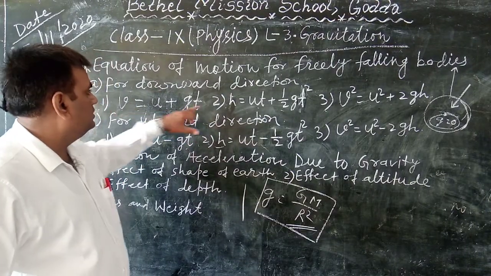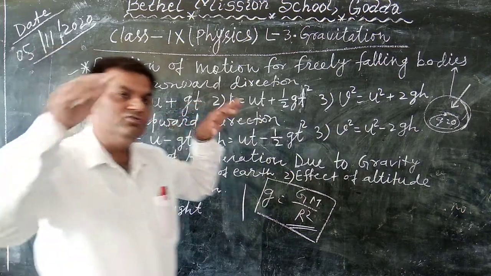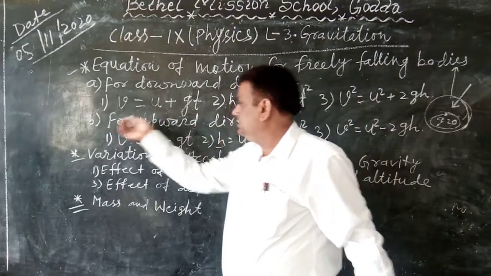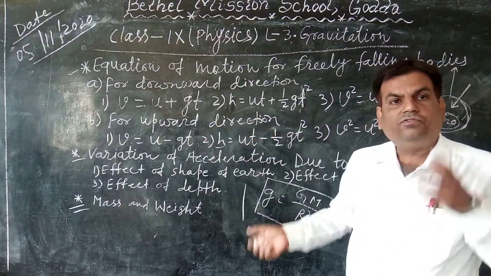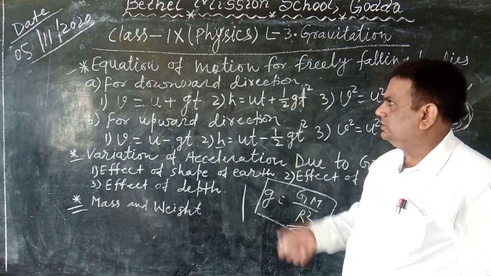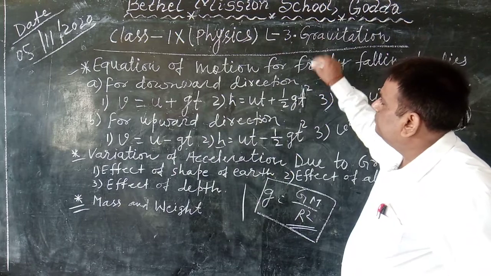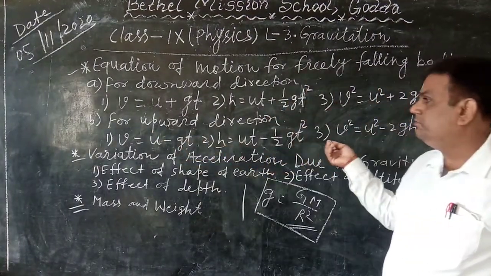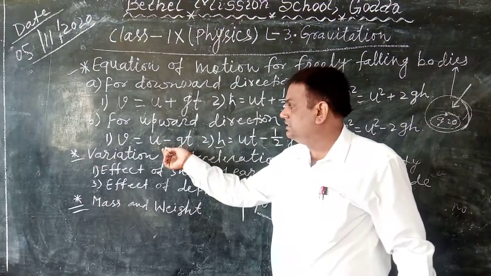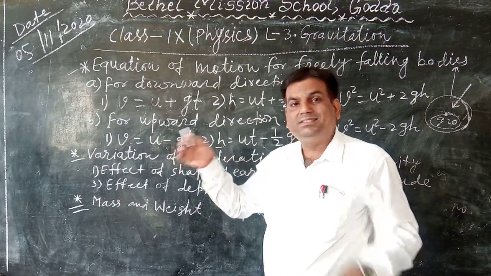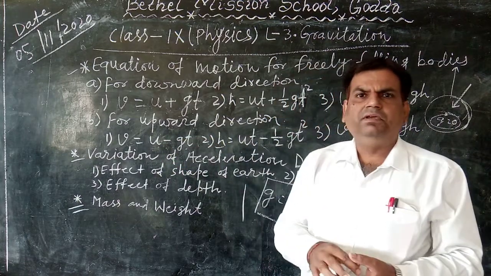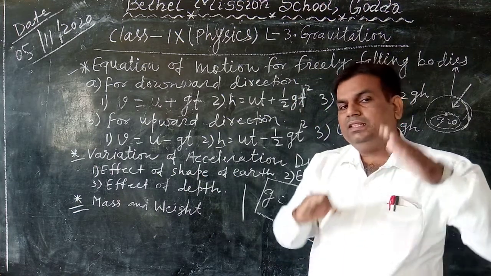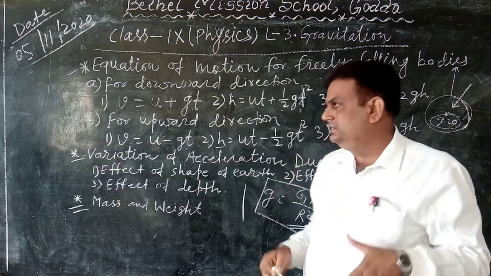So these are the equations when the object falls towards the ground, and it is opposite when the object is thrown in the upward direction. This is the equation for downward direction, and this equation for upward direction. So in upward direction, the value of g is negative, because the object is pulled by the earth and its velocity gradually decreases.